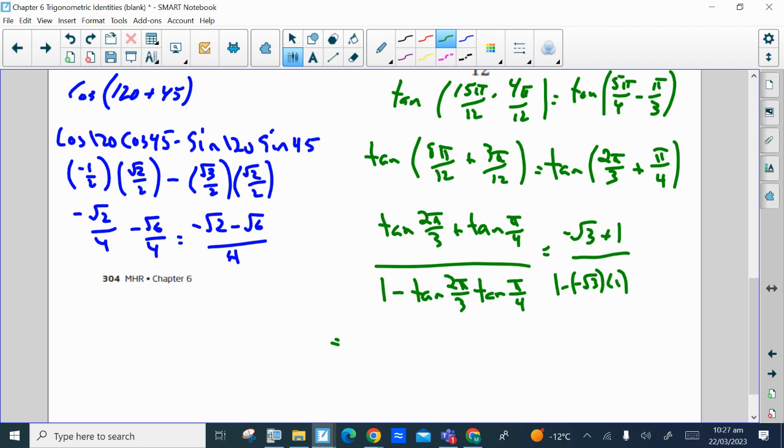So this gives us negative root 3 plus 1, or 1 minus root 3, all over 1 plus root 3. Because the negative becomes a positive, and root 3 times 1 is root 3.